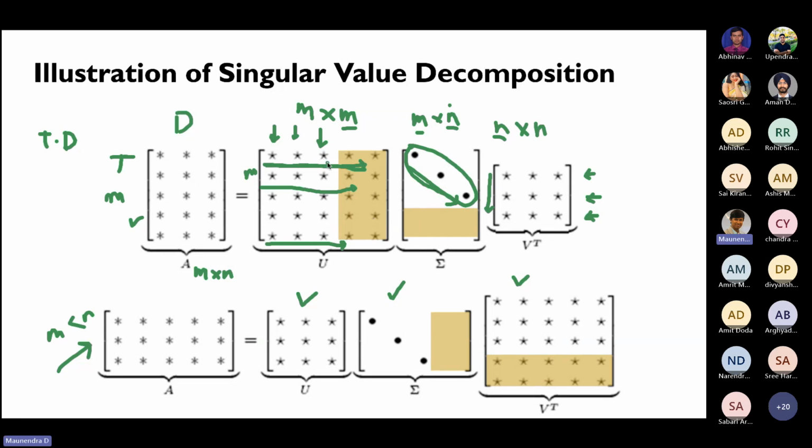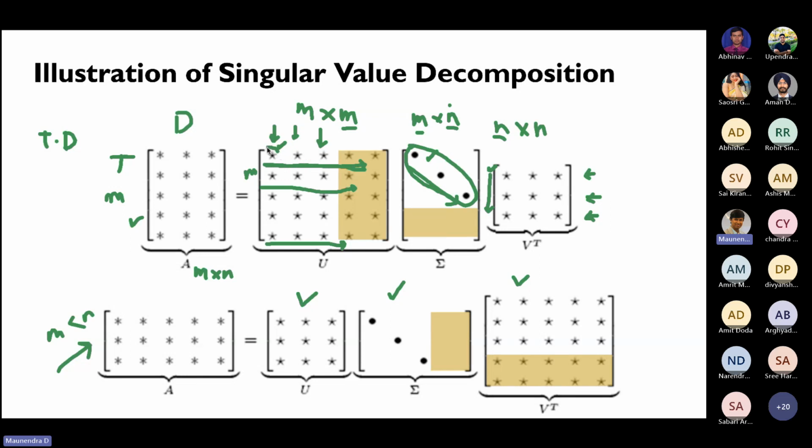So for each of these dimensions, there is some importance associated with these dimensions, which is captured by the singular values. Some numbers will be large, some numbers will be small. If this one is very large, then this component is actually very significant.